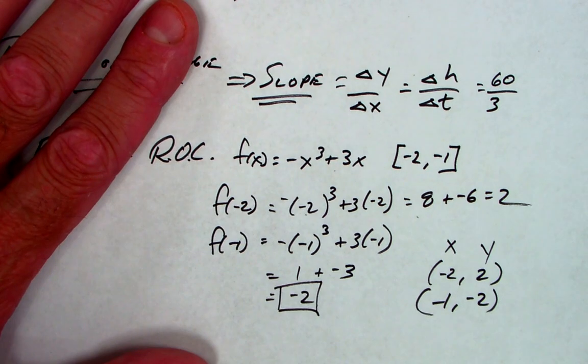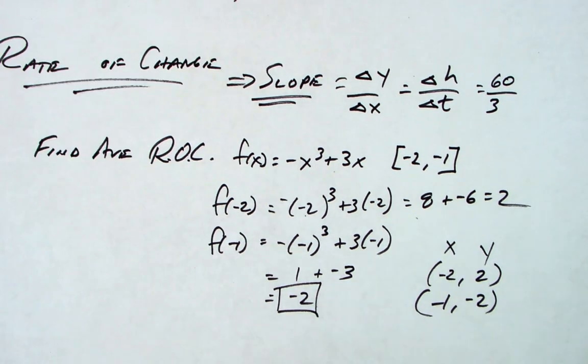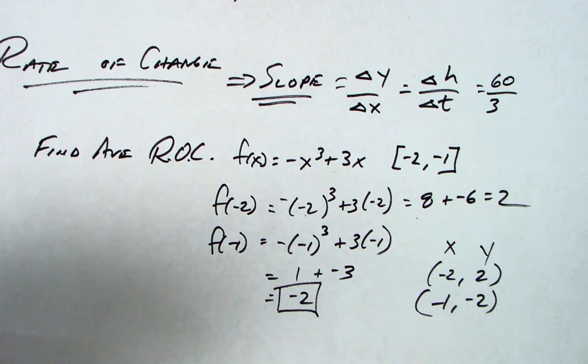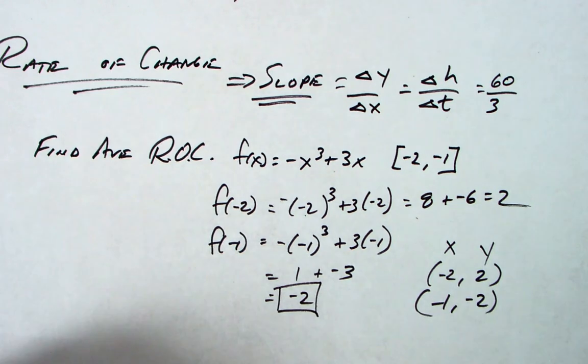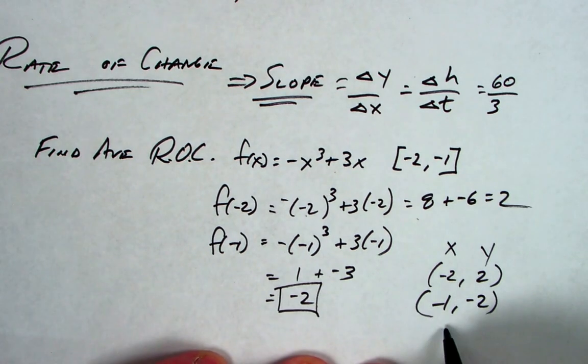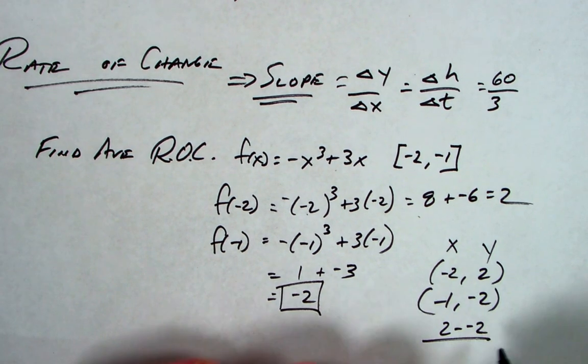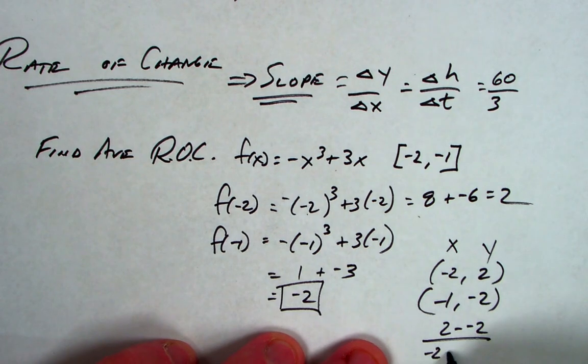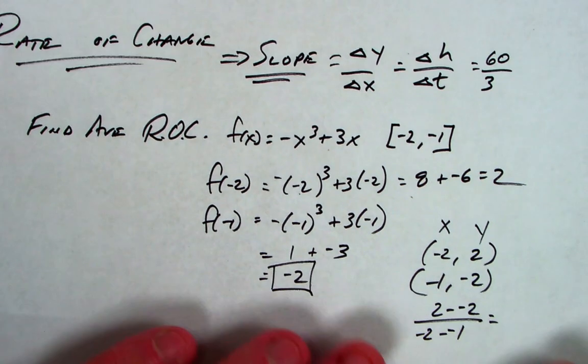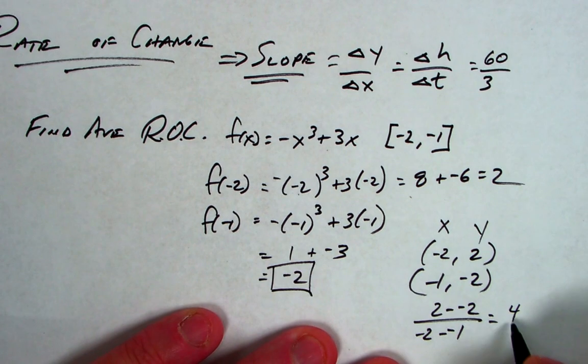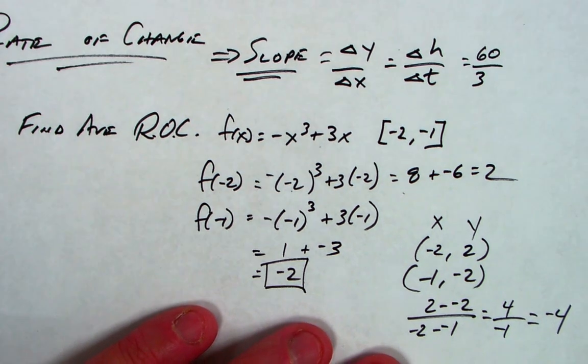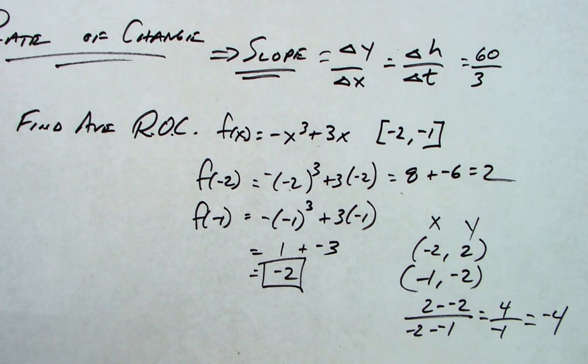Now we just have to find the slope, or the rate of change. 2 minus -2 over -2 minus -1. 4 over -1 gives me -4. Yeah, you were just ahead of everybody, Eddie.